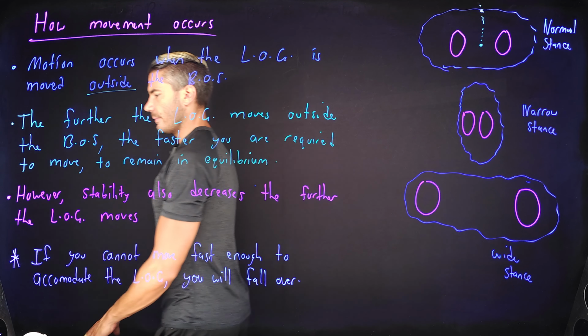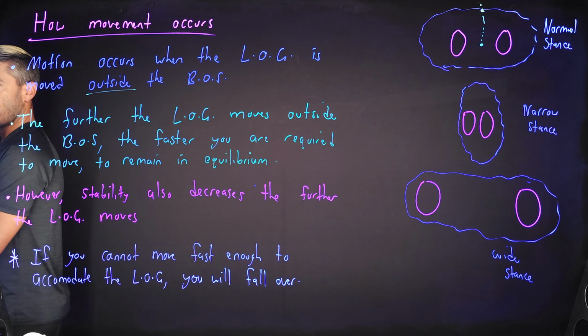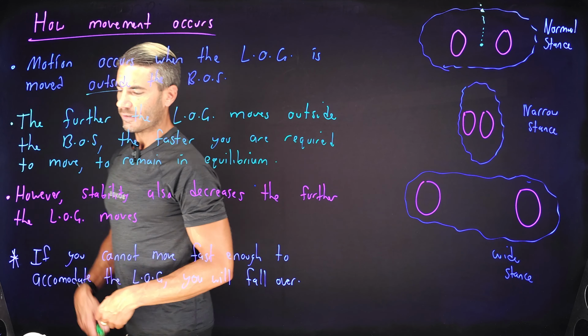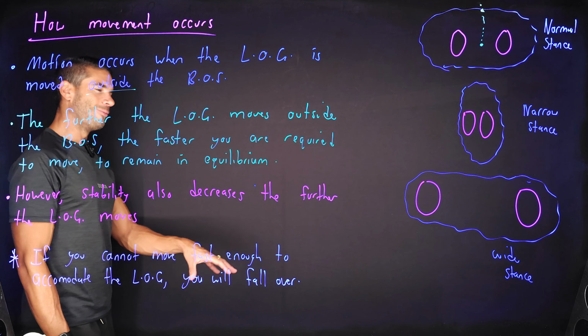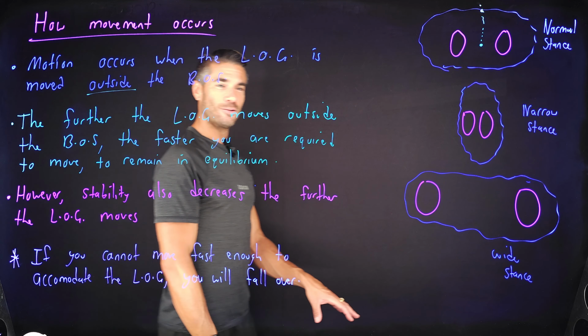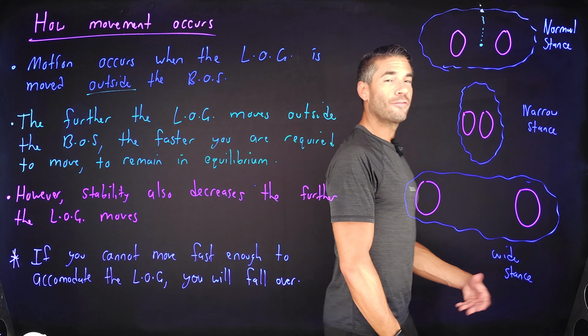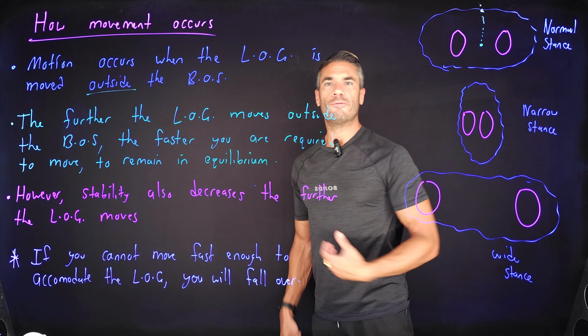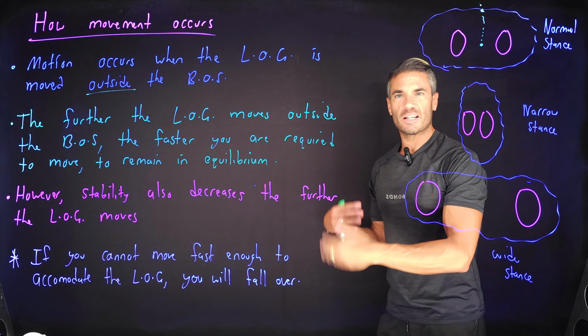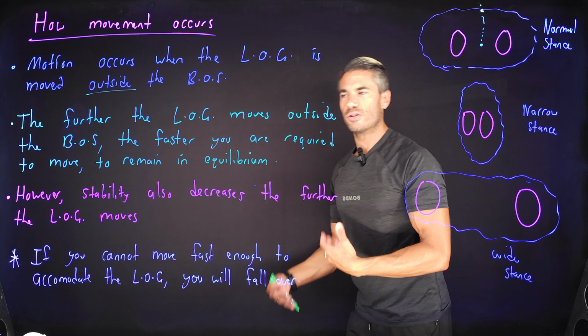Or if I'm walking, I'm only pushing it out a little way, all right? So I don't have to move fast. But the further I push it outside here, the faster my legs have to turn and the more angle I have to develop in my body.